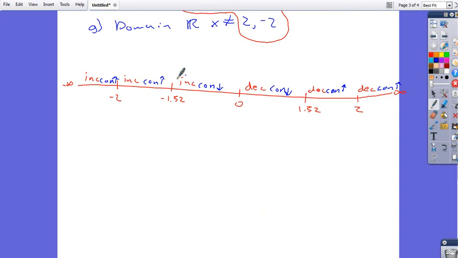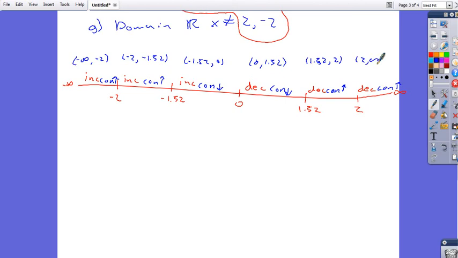Alright, so let's list our intervals. Negative infinity to negative 2, negative 2 to negative 1.52, negative 1.52 to 0, 0 to 1.52, 1.52 to 2, and then 2 to infinity.